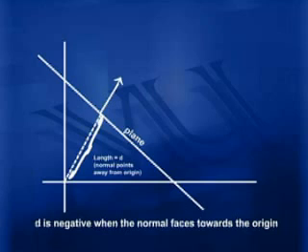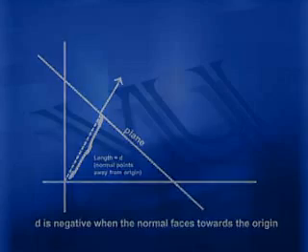So whenever we have this kind of case, the distance D of that plane would be a negative length. We would say its length is minus D because it is away from the origin. The normal is pointing away from the origin.